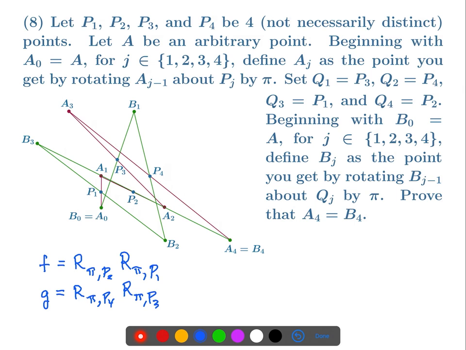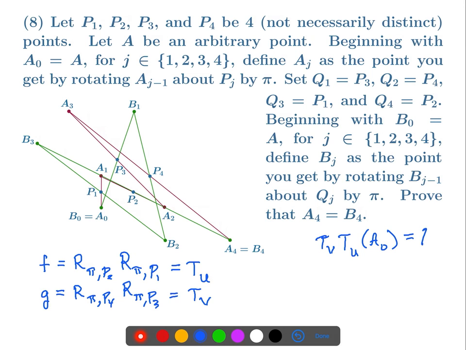So both of these are translations. So let me just call this translation by U, say. And let me call this one translation by some amount V. So what we're doing to A0 is we're doing the translation of U and then followed by a translation of V. So T_V, T_U, A0.